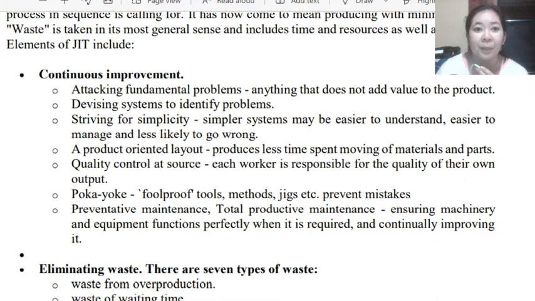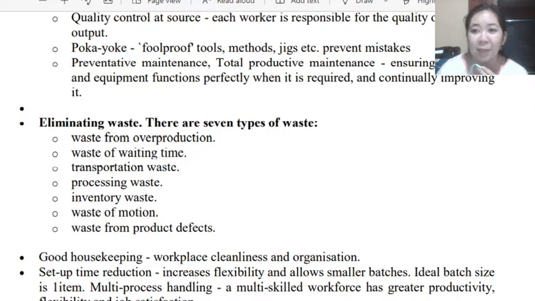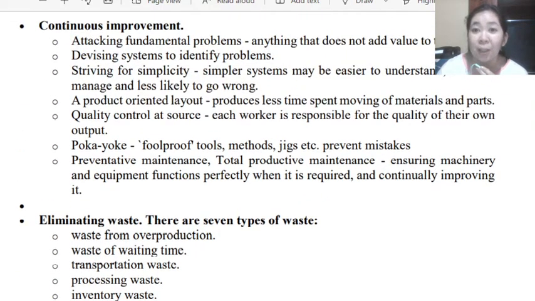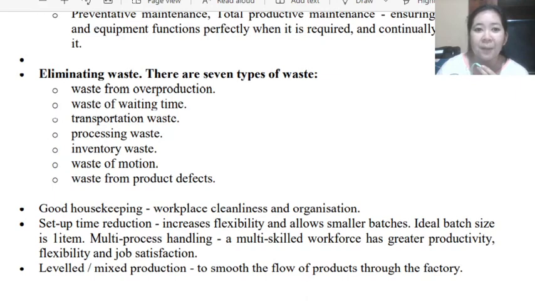Another element of just-in-time is eliminating waste. We mentioned it under continuous improvement. There are seven types of waste. Waste from overproduction, meaning those items which were overproduced cannot be sold anymore, or can be sold at a lower selling price, or just stay in the stock room or warehouse.